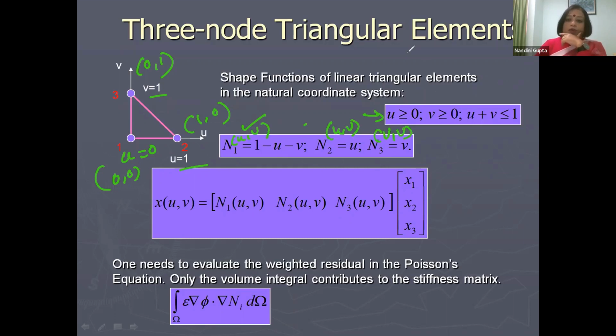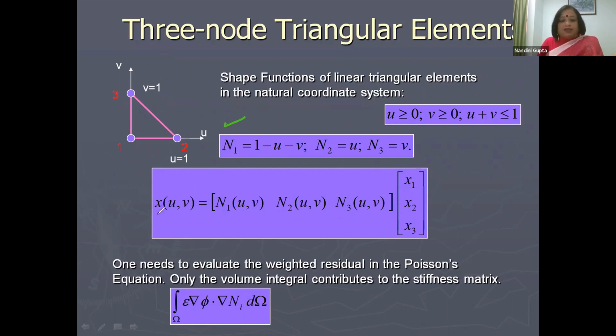Now we are going to use these shape functions as my mapping functions, which means x will now become a function of u and v. X is my coordinate system, so it can be any arbitrarily shaped triangle with points x1, y1, x3, y3.